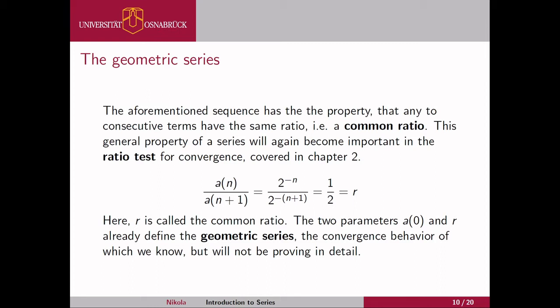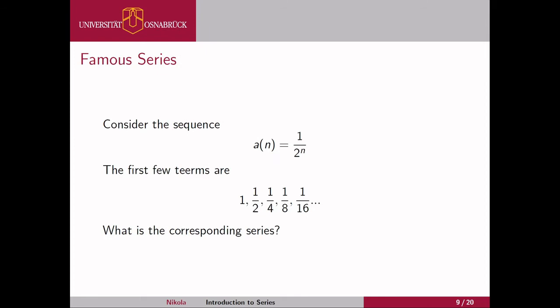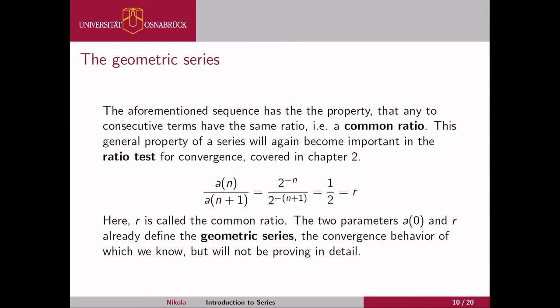And this one right here is a very special one because it has a, well, not unique, but characteristic property, which is that two consecutive terms always share the same ratio, right? If you look at it, any two consecutive terms, the first one will be twice as big as the second one. So this property that the ratio between two consecutive terms is invariant is called a common ratio.